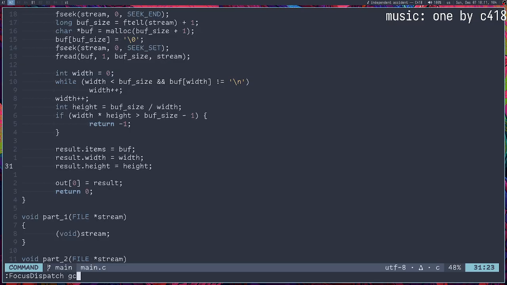Focus dispatch GCC. I may want to debug it, so I'm going to put -ggdb here, and I also want to run it. GCC -ggdb.